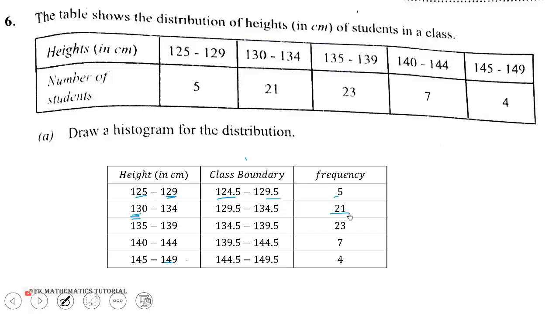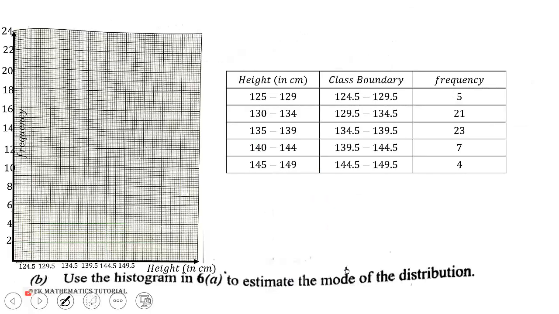The frequency is already here, so we are now going to draw the histogram. So we have a graph sheet. Now you can use an appropriate scale, since we're not given any scale. So I have chosen 2 centimeters to 2 units on the frequency axis, and 2 centimeters to 5 units on the height axis.